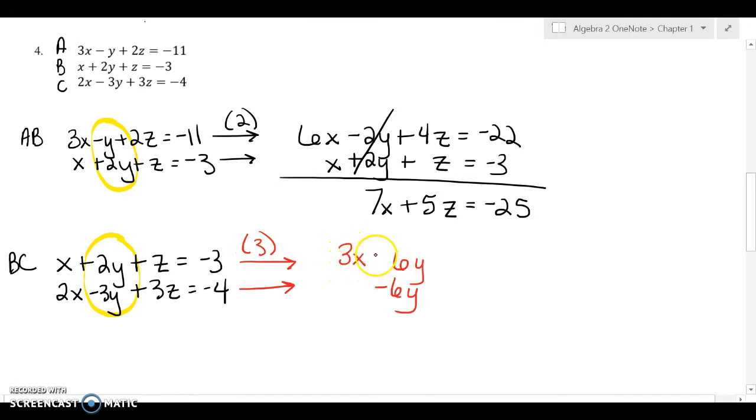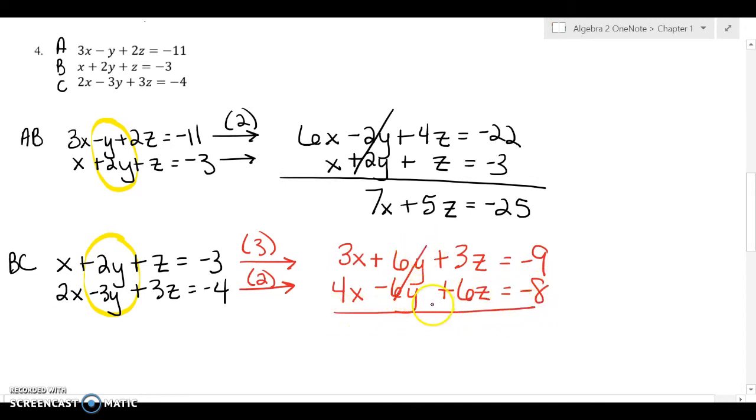So I'm going to get 3x plus 6y plus 3z equals negative 9. And on the bottom one, I'm going to multiply everything by 2. So I'm going to get 4x minus 6y plus 6z equals negative 8. And now these are gone, and so I have 7x plus 9z is equal to negative 17.